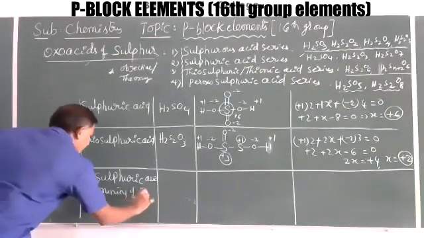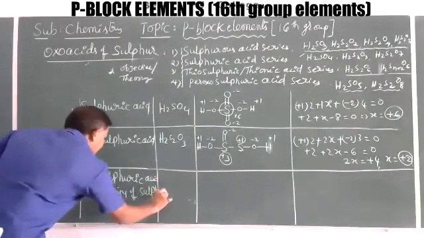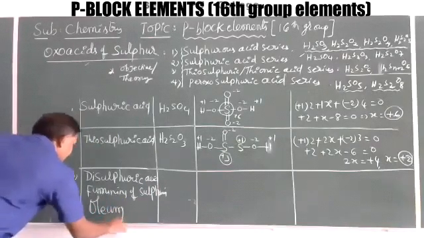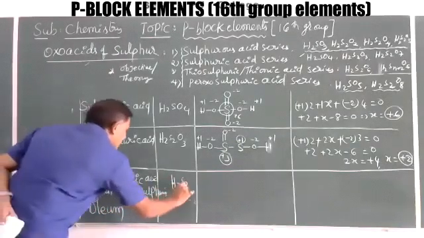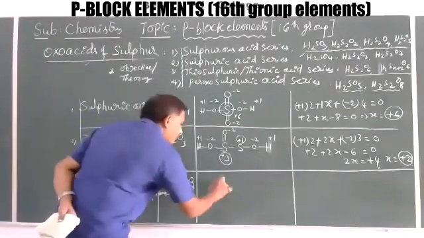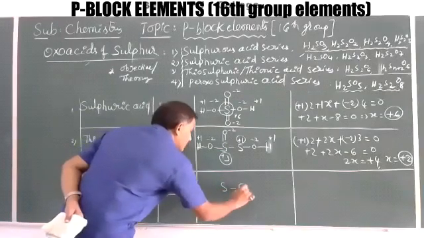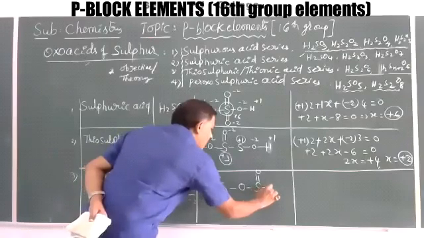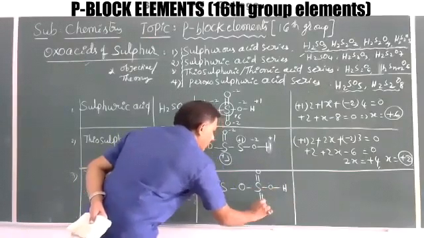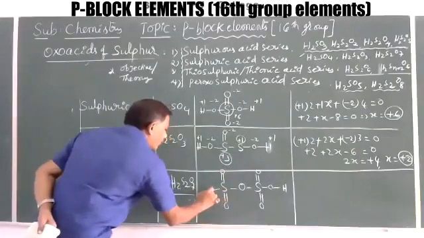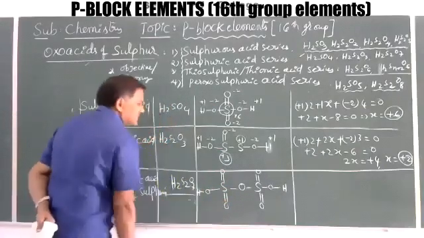This disulfuric acid is also called fuming sulfuric acid, that is also called oleum. Its formula is H2S2O7. Now here we can take sulfur, oxygen, sulfur. Now this is a double bond O, a bond OH, and here a double bond O. Here double bond O, here double bond O, bond OH.